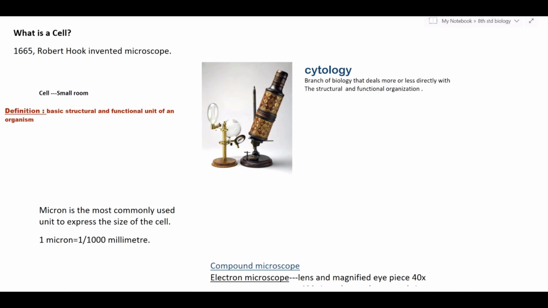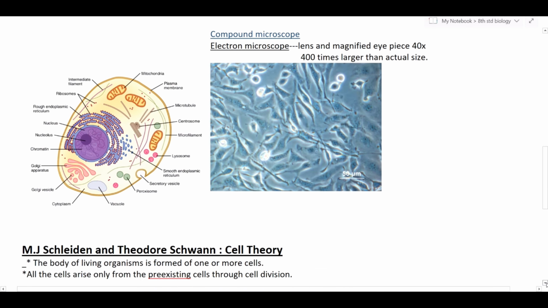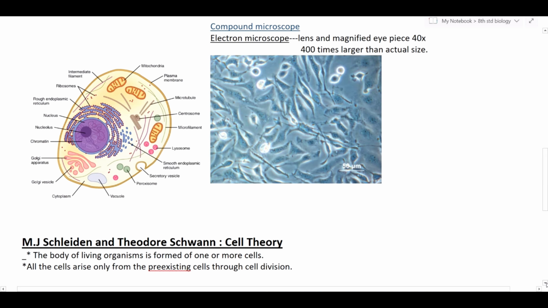One micron: if you take 1 millimeter and divide it into 1,000 parts and take one part out of it, it is very negligible, difficult to trace. So one micron is such a small unit.